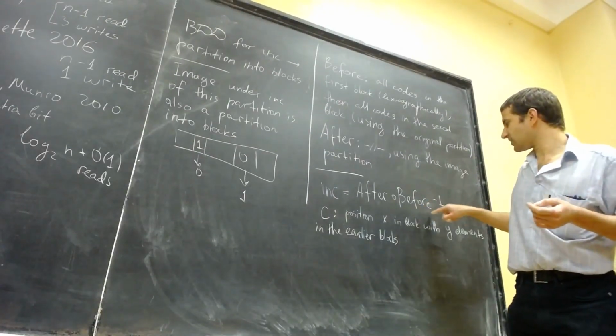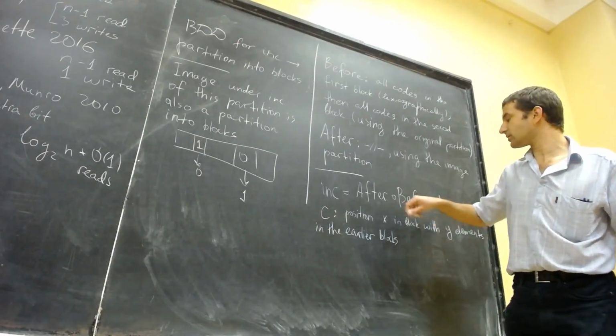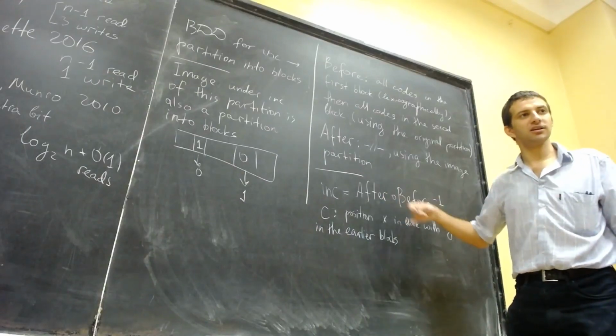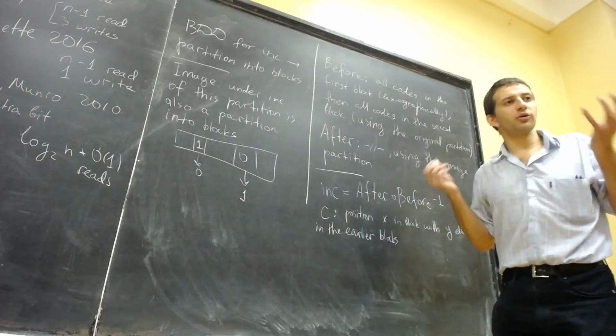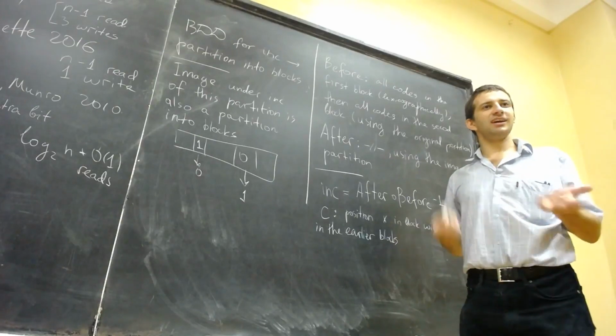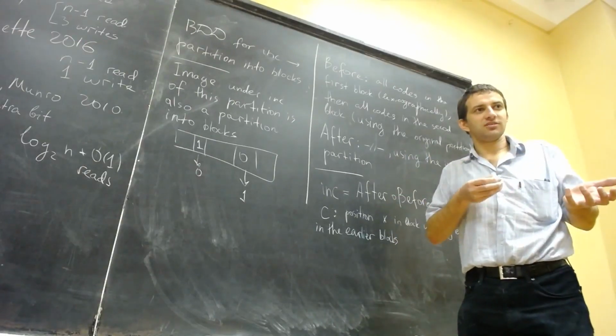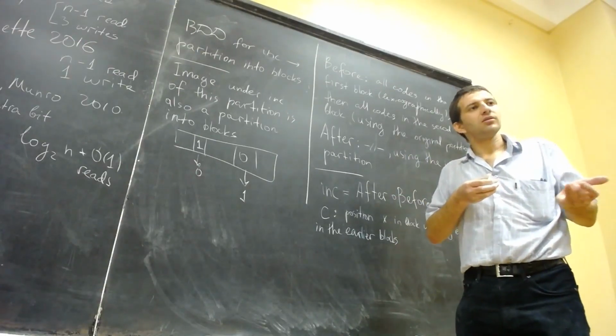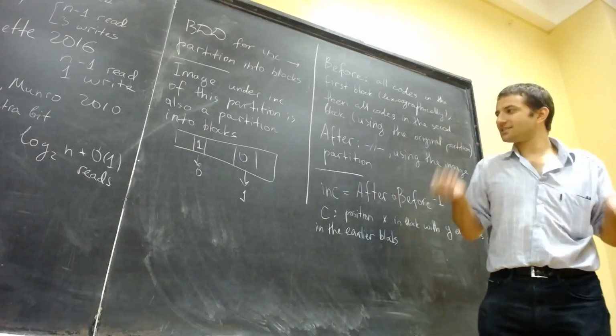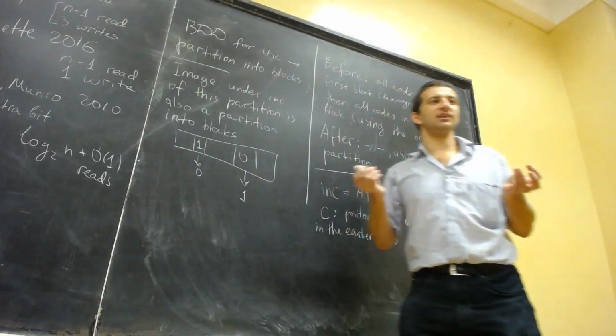Basically, the idea is that before^-1 in combination with after preserves the order inside blocks and preserves the partition. And that means that it does the same thing as inc does.